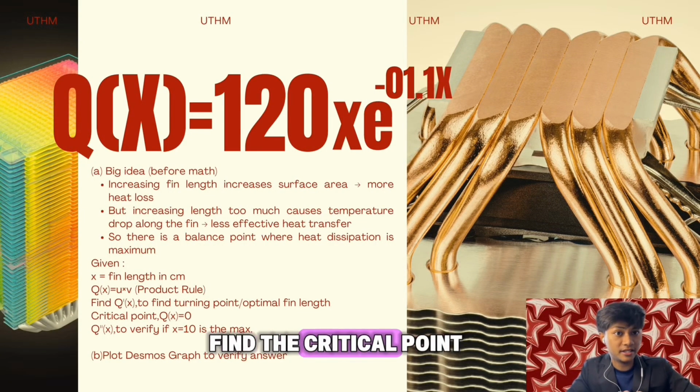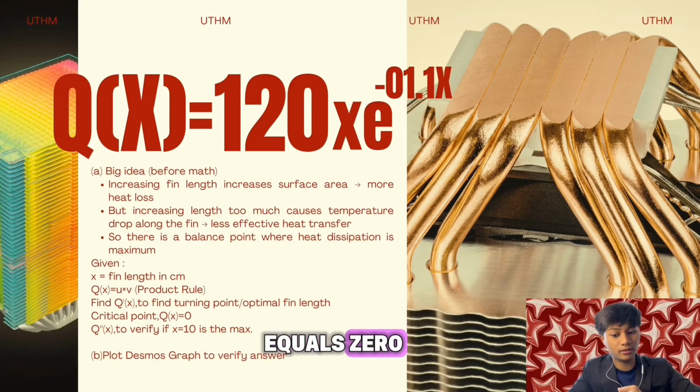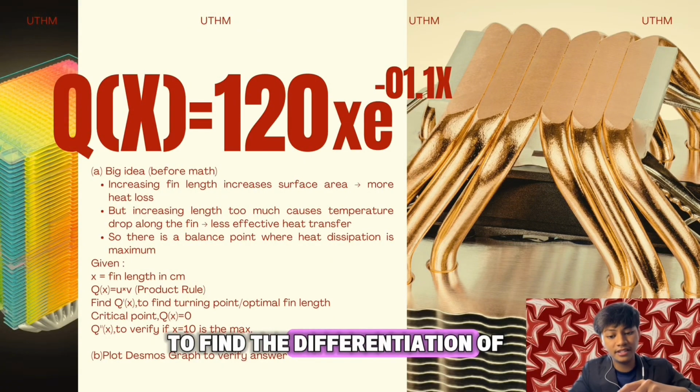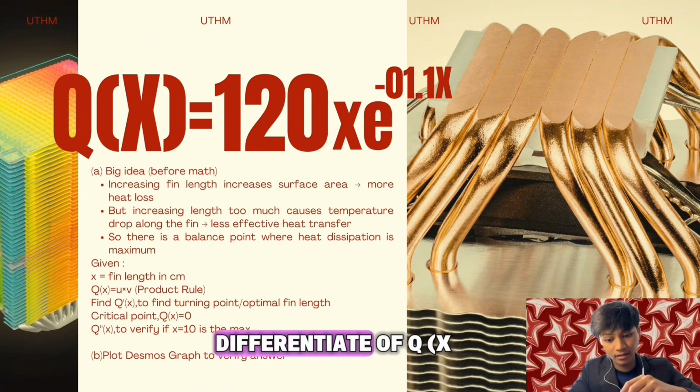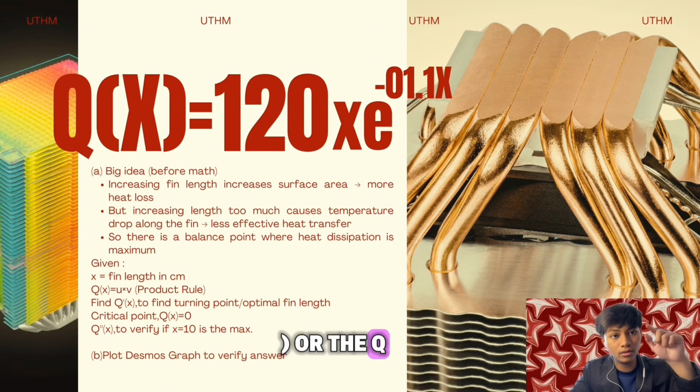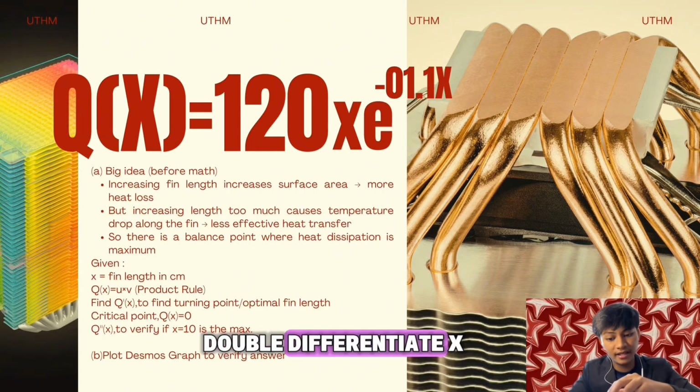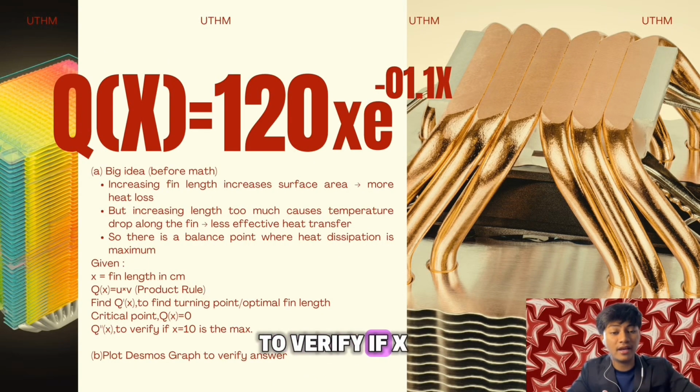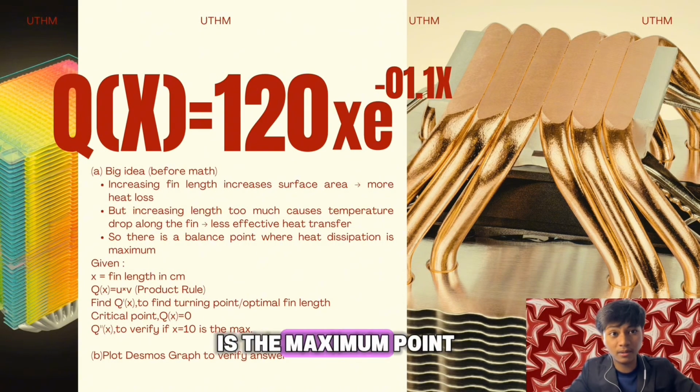To find the critical point, we say that Q'(x) equals 0. After that, our final step is to find the second derivative, Q''(x), to verify if x equals 10 is the maximum point.